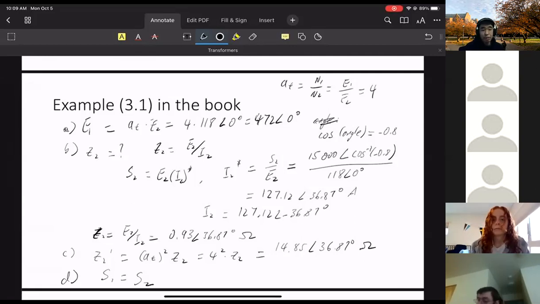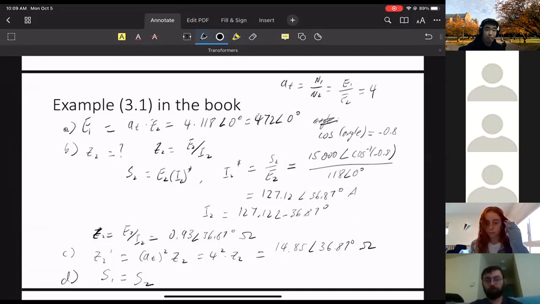Since this class is remote, normally you're required to have a scientific calculator to do this kind of calculation with angles, but remotely you don't need to use a calculator. If you want to do this using a computer, using Python or MATLAB, you can write a script. But in the homework and in the exam, you still have to show the equations and the steps.